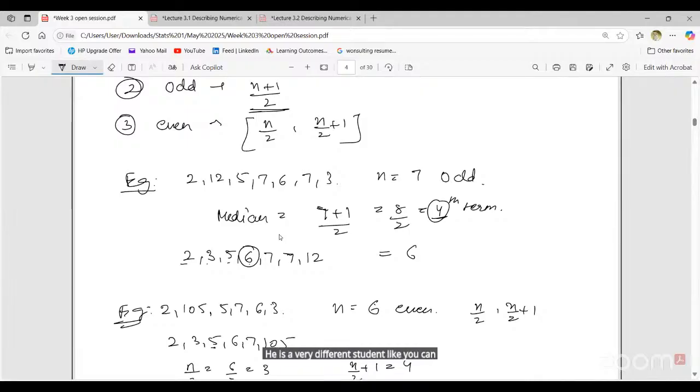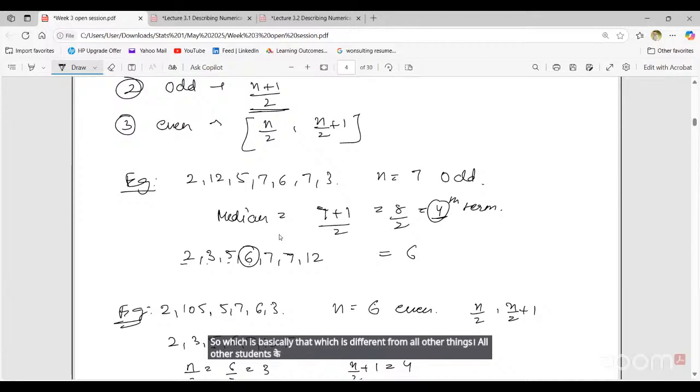You can say an extreme, very different or unique student. So that is an outlier, which is basically different from all other things, all other students. You can take that as an example.